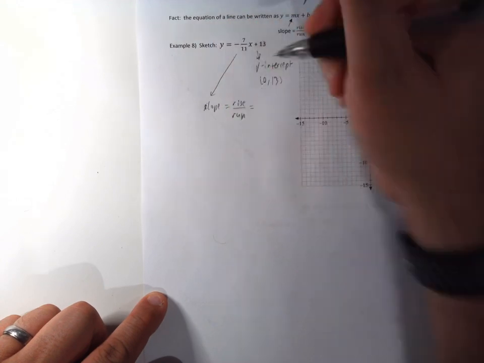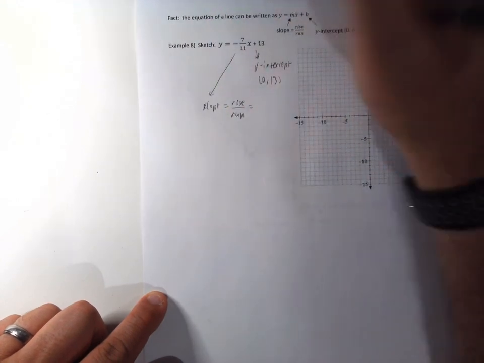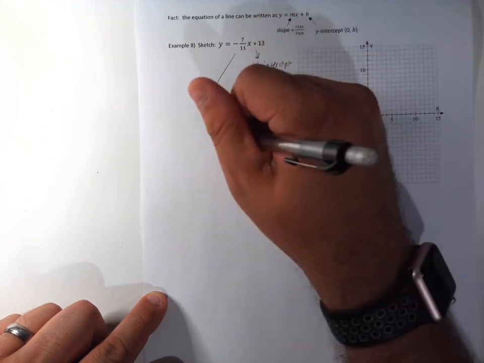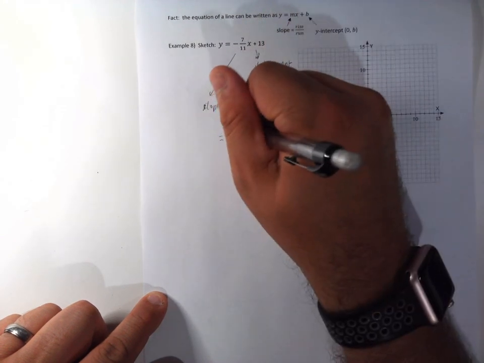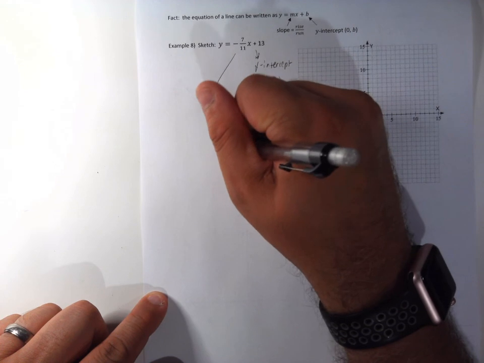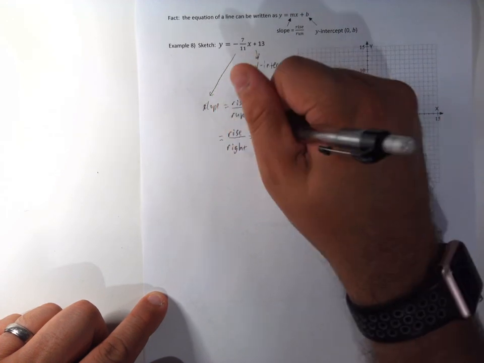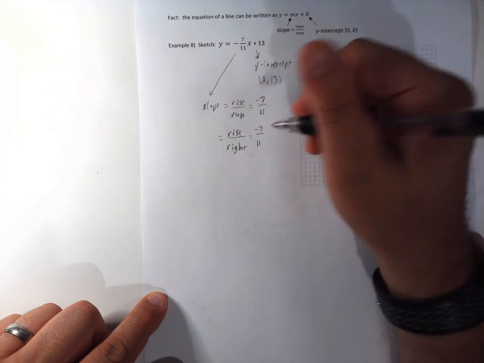That's the informal name for it. I'm going to move the negative to the numerator, so that'd be negative 7 over 11, which I call rise over right.